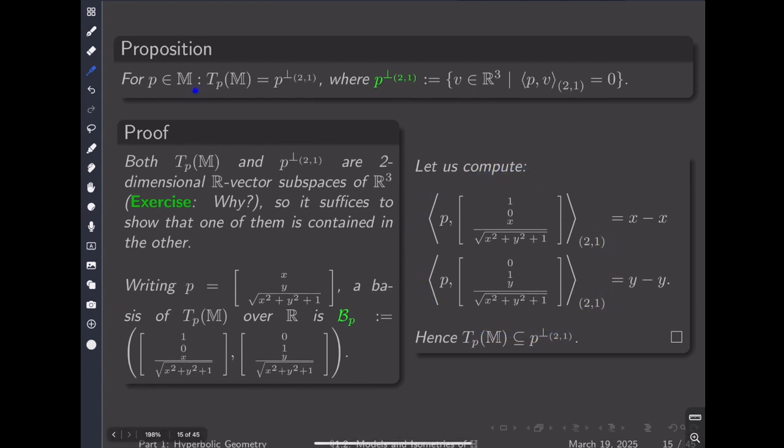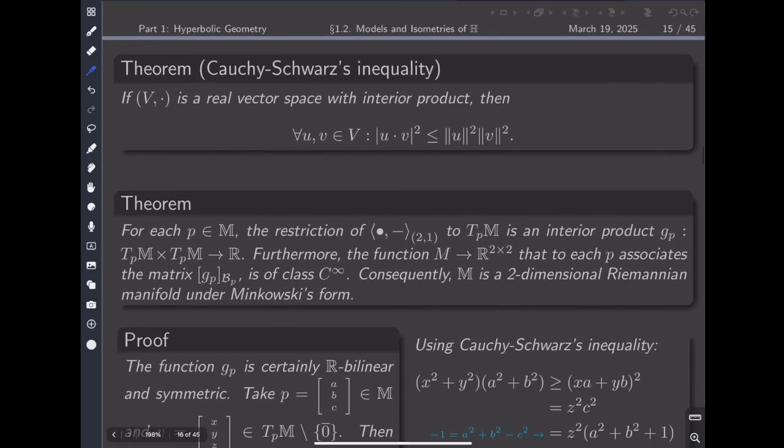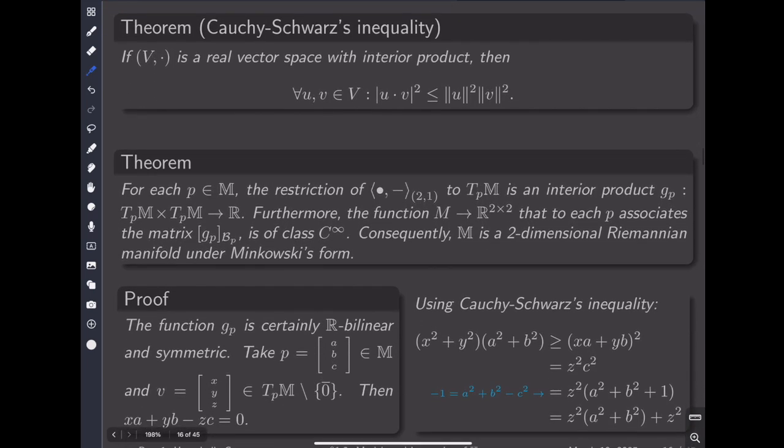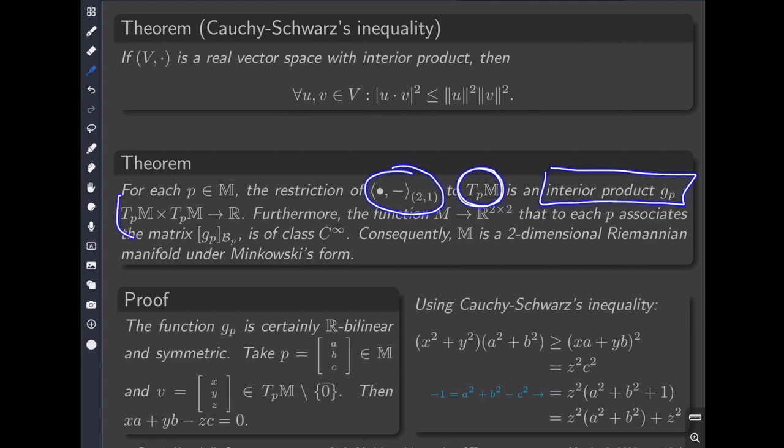Okay, so one has an explicit description of the tangent plane at every point as a vector subspace of R3, and then the theorem is that for each point in the hyperboloid, when you restrict Minkowski's form to the tangent plane, it is an interior product for the tangent plane.